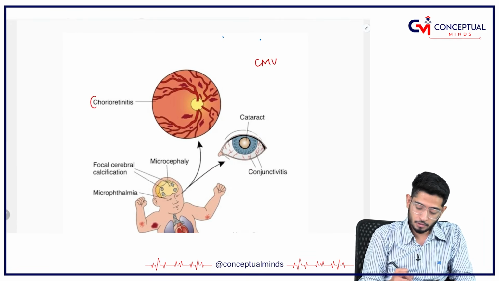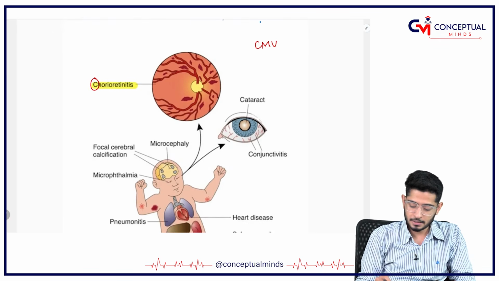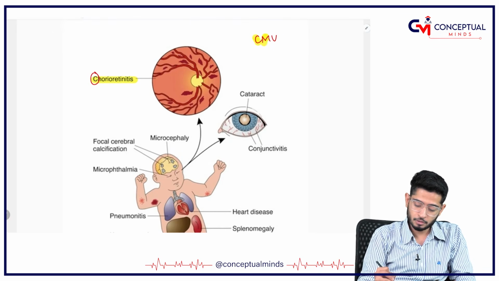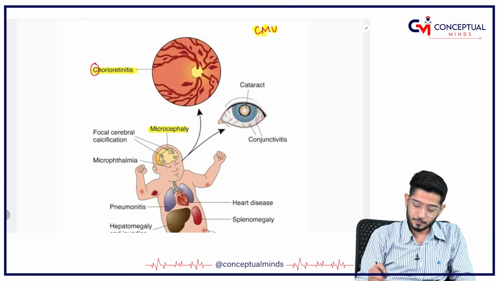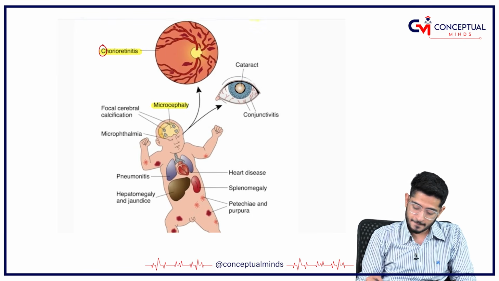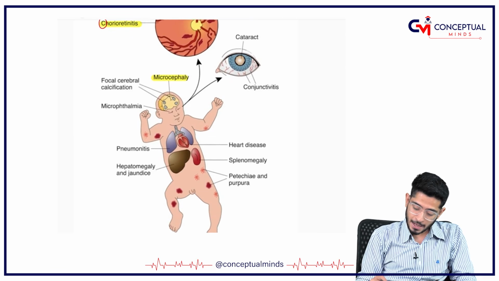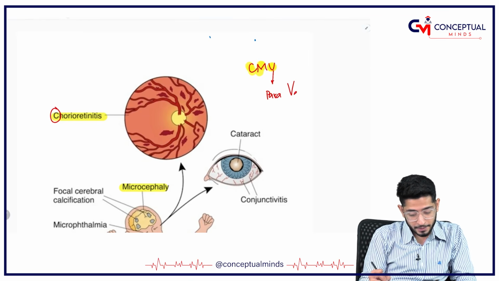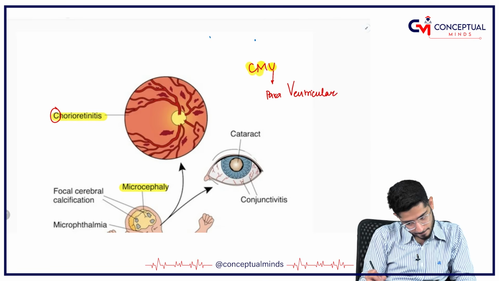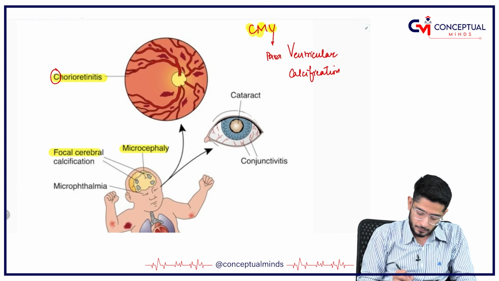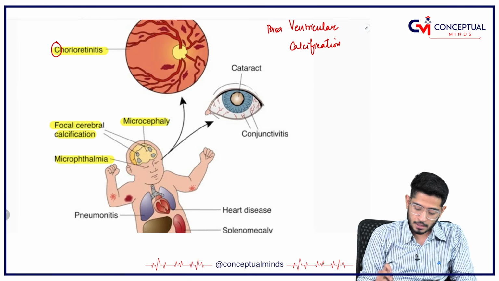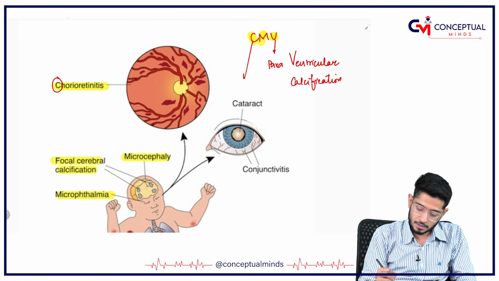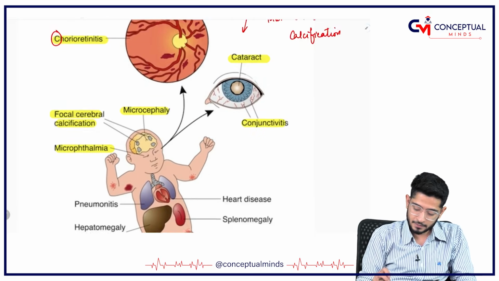So, CMV, C for chorioretinitis, M for microcephaly, remember this always. And in the brain it causes calcifications which are paraventricular calcifications, like this. M for microcephaly, microphthalmia also, and because of that C you can remember the cataract and conjunctivitis as well.